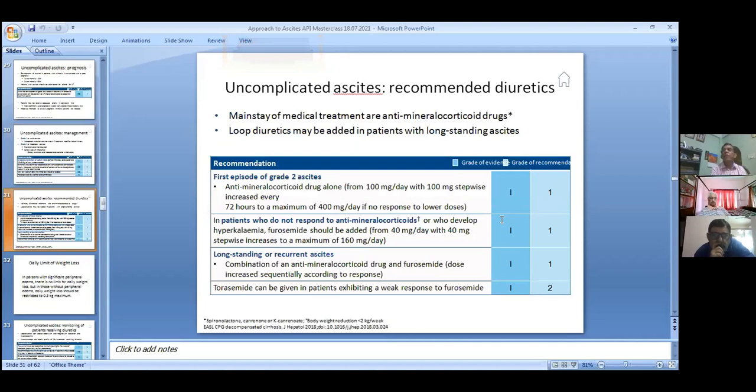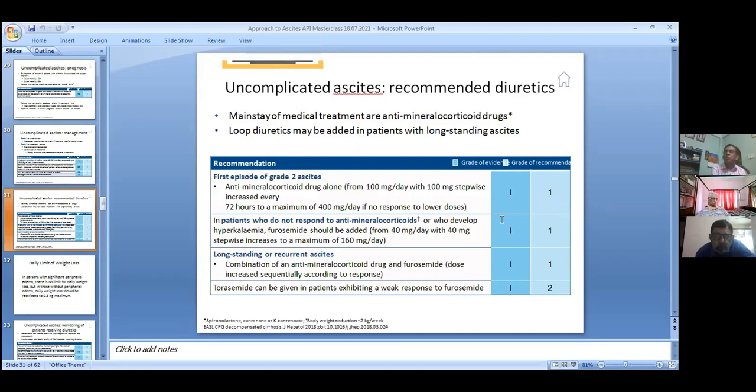The recommended diuretic, the mainstay of medical therapy, is an anti-mineralocorticoid drug, because as I mentioned, there is activation of the renin-angiotensin-aldosterone mechanism, and there is hyperaldosteronemia. If you block the aldosterone with the anti-mineralocorticoid drug, that is spironolactone, this is the mainstay of diuretic therapy.